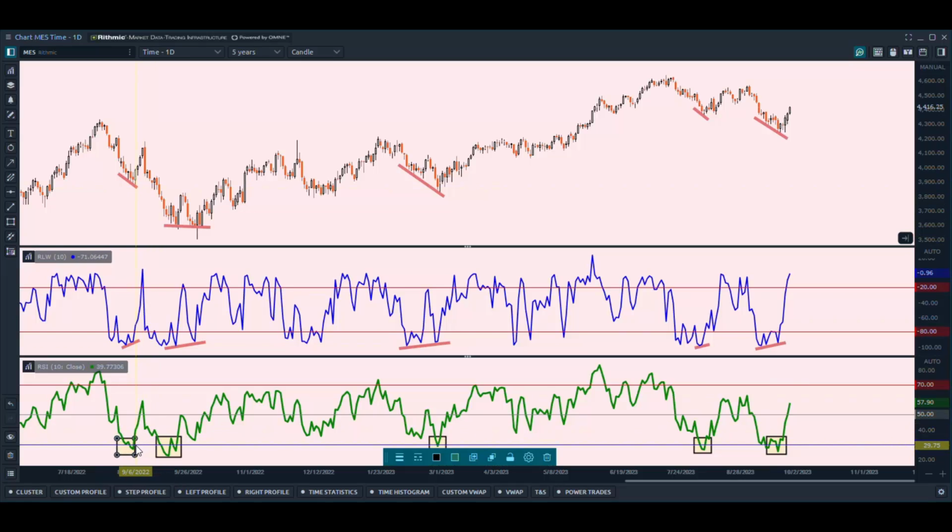So these boxes here are pretty much when you are below 30 on the RSI. So when you have positive divergence forming on the Williams percent range and the RSI oversold, that is an extremely high probability reversal indicator.